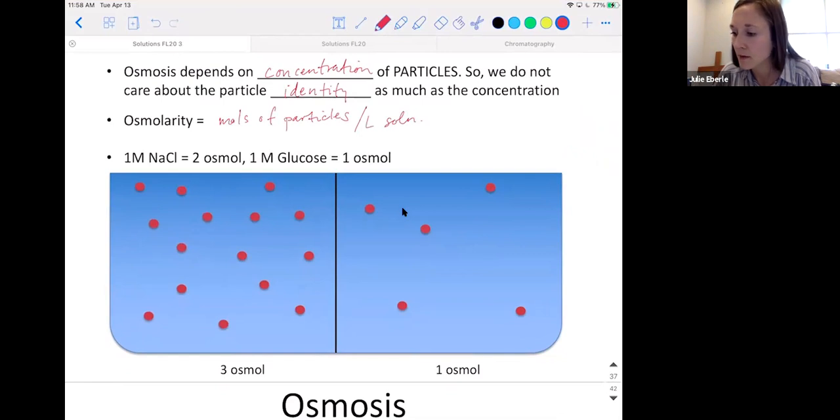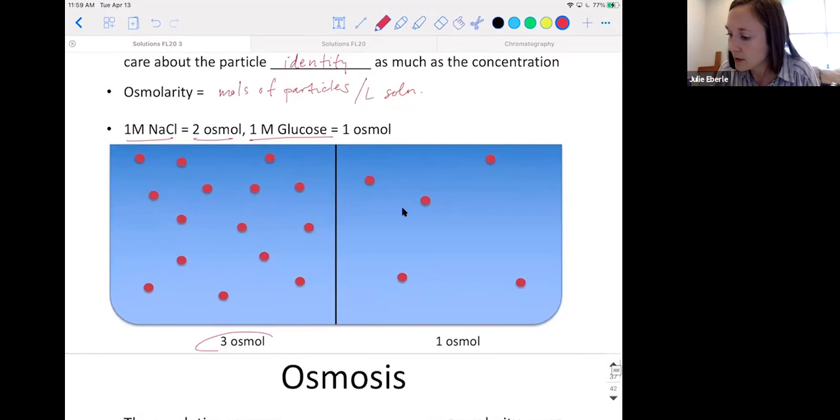All right. So if we have 1 molar sodium chloride, we'll have a mole of sodium particles and a mole of chloride particles. We would get 2 osmoles per liter, or 2 moles of particles per liter. If we have 1 molar glucose, which is a mole of glucose per liter, glucose does not break down into any other particles. It is the particle. So we would just have 1 osmol. Okay, we're going to look at some more examples of that in a second.